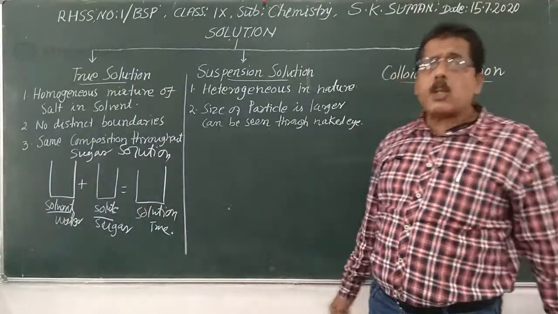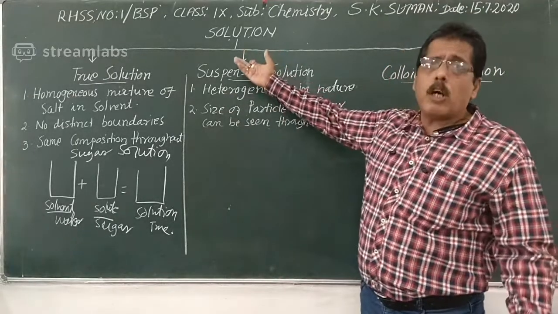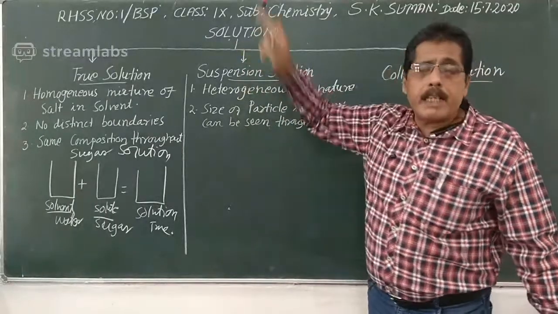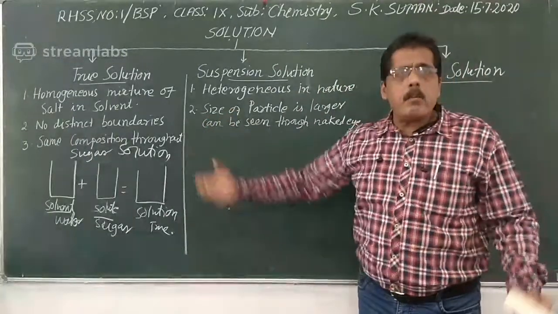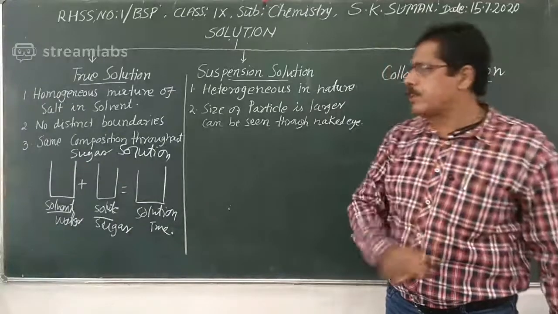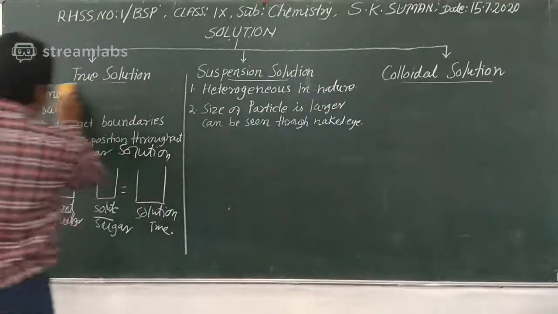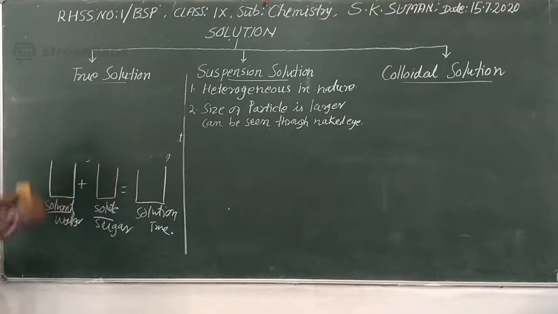Yes, students, the size of the particle of true solution will be less than 1 nanometer. It will be less than 1 nanometer. This unit is a very small unit. This nanometer stands for a very small unit.